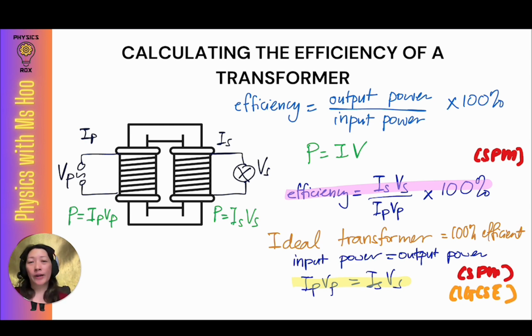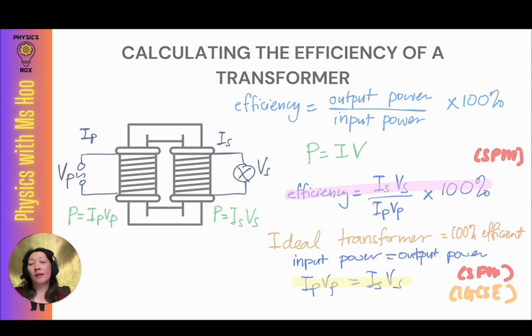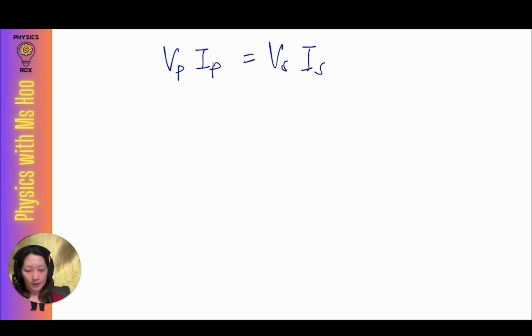Just to point out something I mentioned earlier about the changes in voltage and current. I'm going to use the 100% efficient formula in this case to make this easier for you to see. If the input power is equal to the output power, that means VPIP equals VSIS. So if you have a step-up transformer, what happens is the secondary voltage would be increasing.